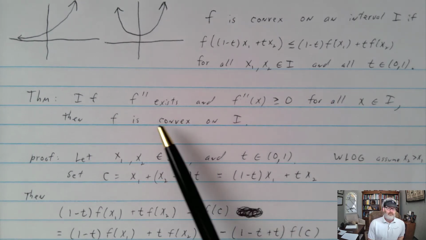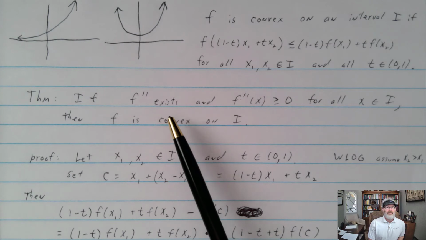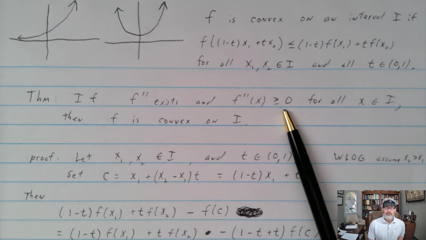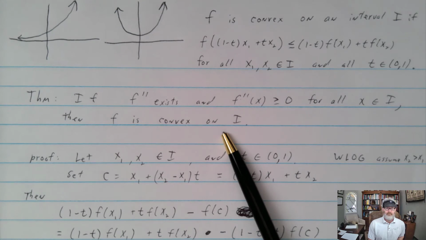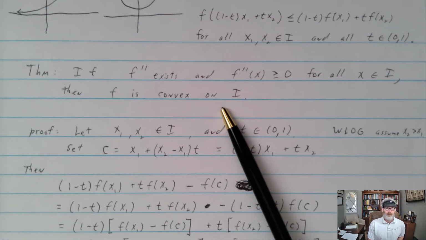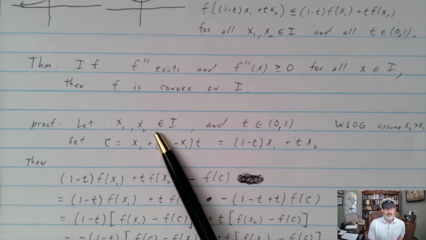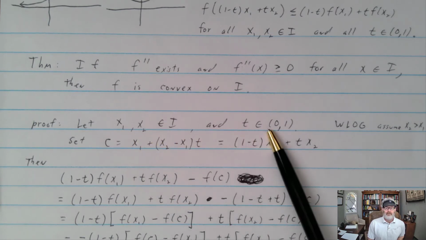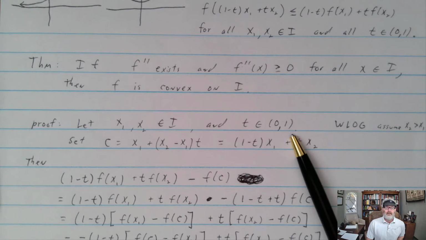So first I'll look at if the derivative exists and is greater than or equal to 0, then f will be convex. So for the proof, pick any x1, x2 in the interval, and t in 0, 1.